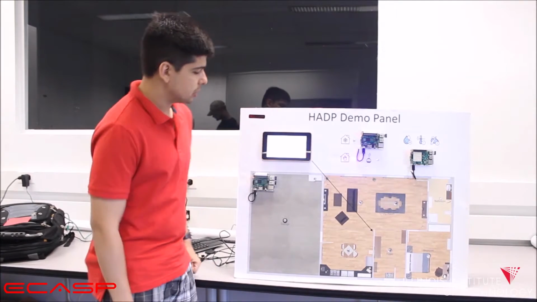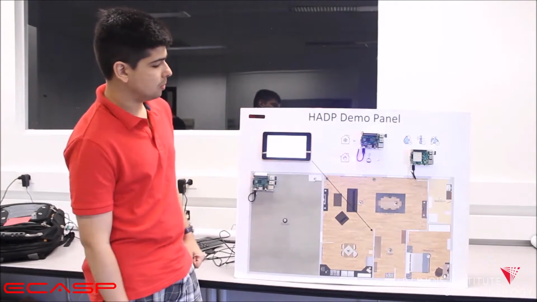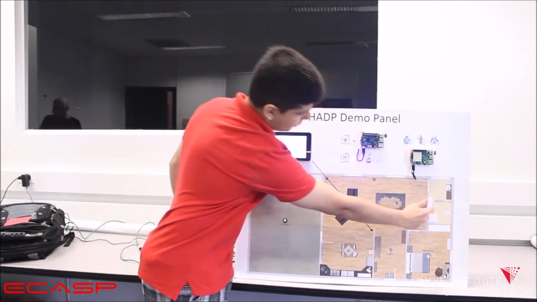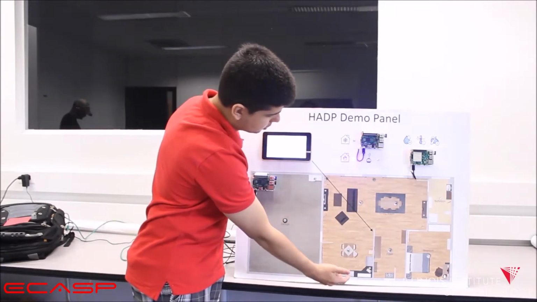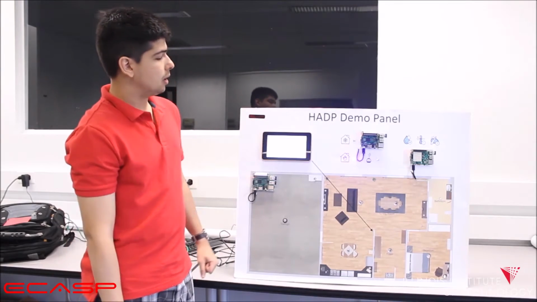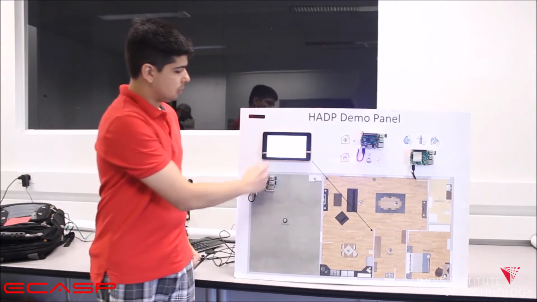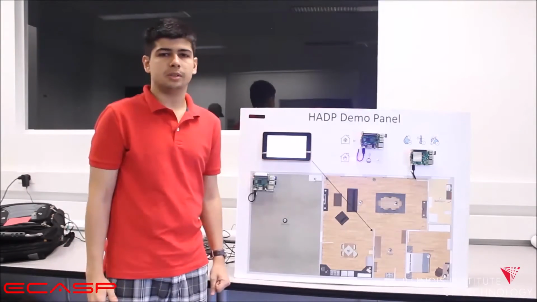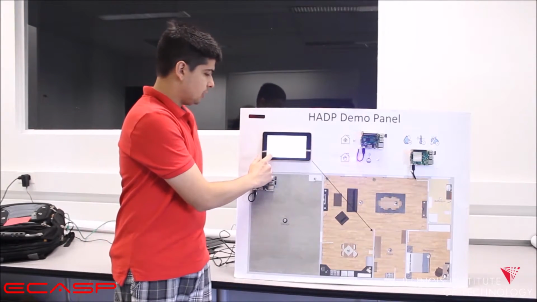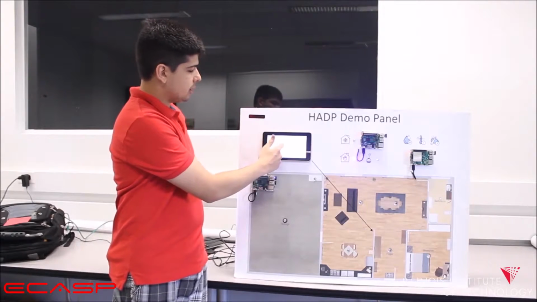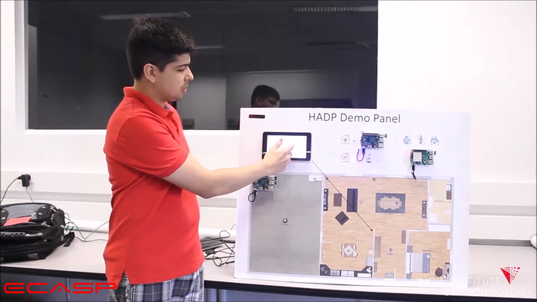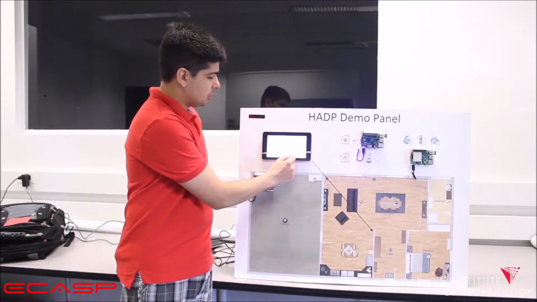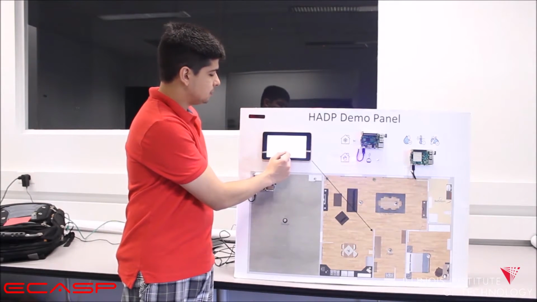For the demo, we are using this panel that represents a home. Here we have several rooms of a home: a bathroom, bedroom, living room, dining room, foyer, and garage. I'm going to demo with the user interface what we can do with our home automation system. Here in this screen of the panel, we have access to real-time plots of the temperature in your room, and we can also see humidity or pressure just the same.